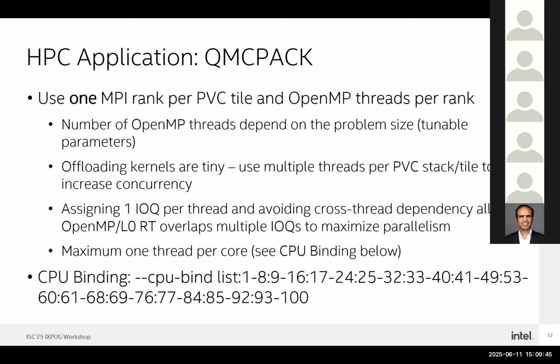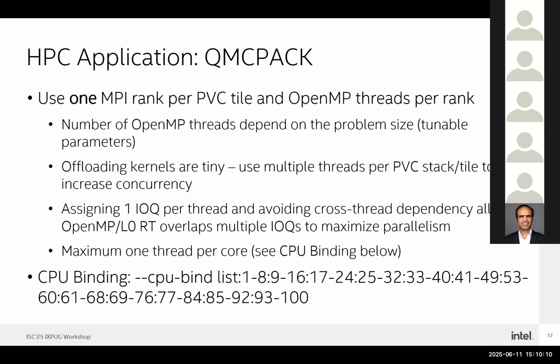For QMCPACK, this is where you use a lot of OpenMP threads for parallelism. The number of threads per core depends on the problem size, but for the Aurora system, we found that assigning one OpenMP thread per core works well.